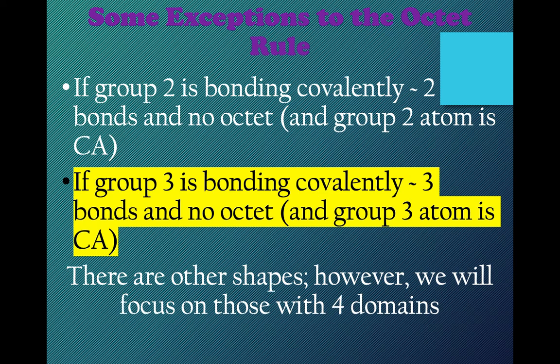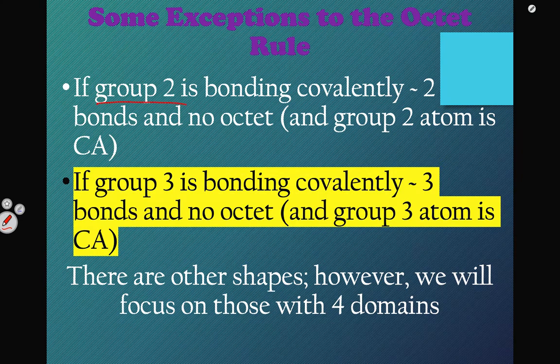The other one that you might see is group 2. I'll leave that as optional to write down, but group 2 only needs 4 electrons. So every now and then beryllium will bond covalently, and we'll get into how we know that in a second.